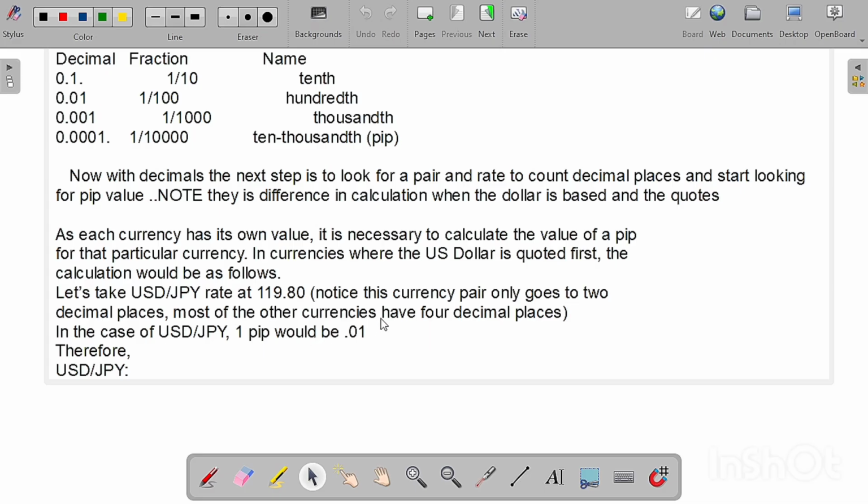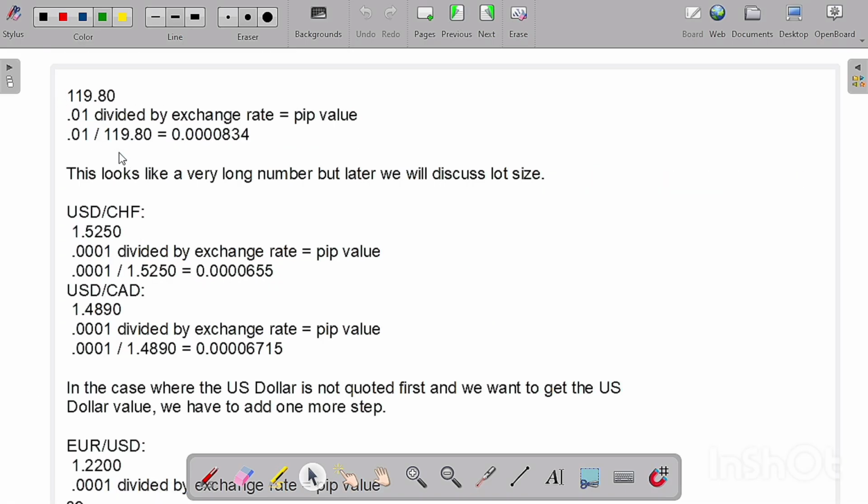Most of the other currencies have 4 decimal places. So in this case, USD JPY, 1 pip would be at 2 decimal places, so it would be 0.01. As you can see, it has 2 decimal places. So USD JPY is 119.80. What we are going to do, the formula is this.